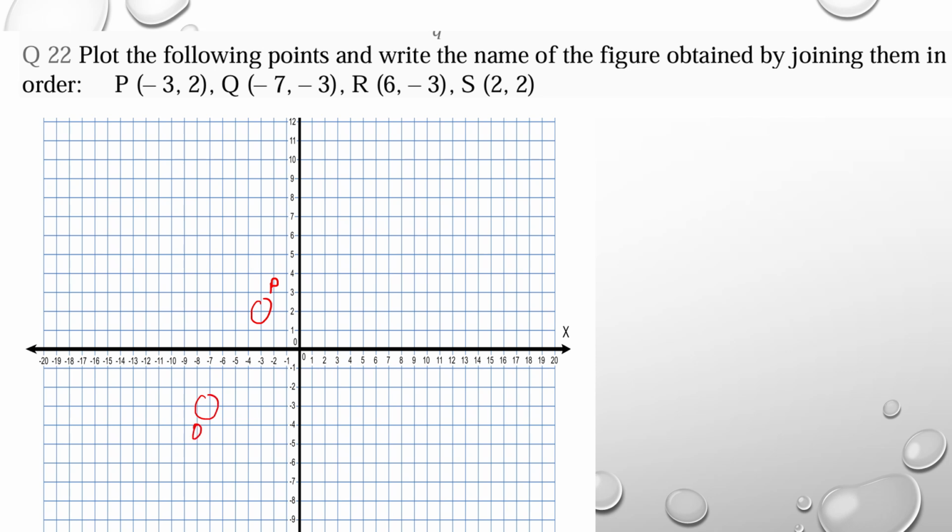This is Q. Then 6, -3, positive X, negative Y. This is R. And last is 2, 2.